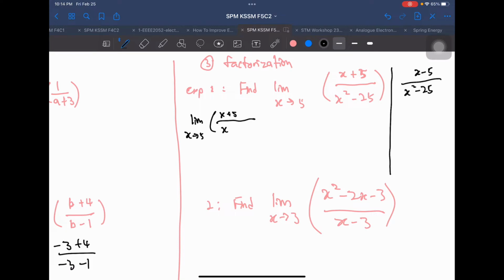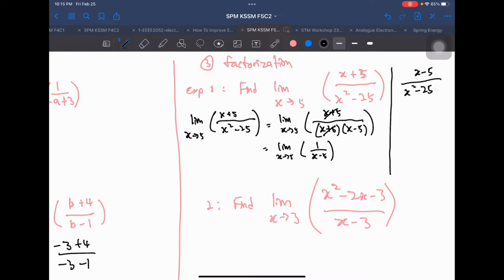Obviously it's the denominator. So let's factorize it: a squared minus b squared equals (a plus b)(a minus b). So what can be factorized? This. So you get 1 over 0, this is undefined.